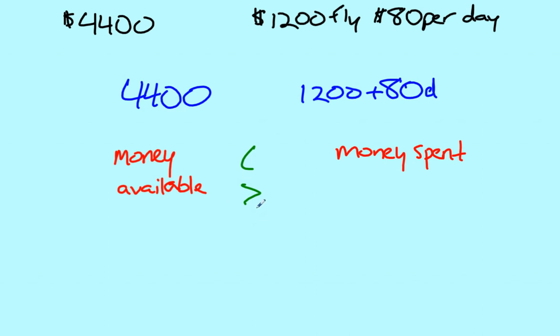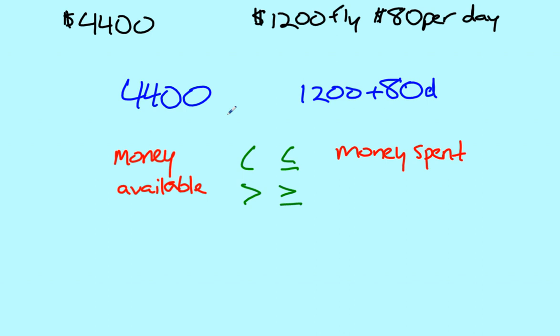Let's leave it at that. We could also say less than or equal to or greater than or equal to, but let's just do these two because I don't think we ever talked about greater than or equal to, and that's not going to be a huge deal for us right now. So if you're going on vacation, what has to be the higher amount to be a successful vacation goer that's not going to be stuck because they ran out of money? Can you spend more than you have, or does what you have need to be more than what you spend?